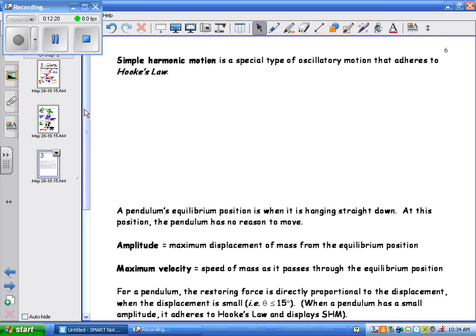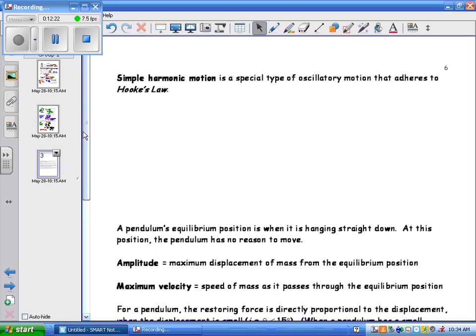So apart from talking about the period of a pendulum, we can talk about something called the restoring force. The restoring force is related to a law called Hooke's law. Simple harmonic motion is a special type of oscillatory motion that adheres to Hooke's law.